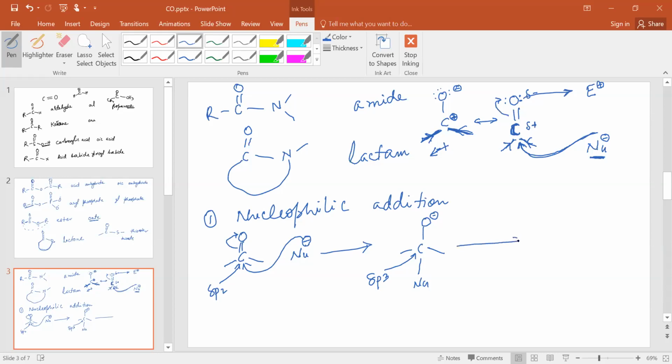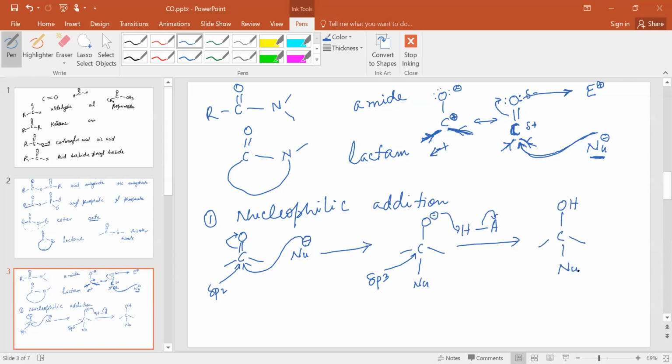Now next step, this oxygen negative charge will take a proton from acid. In many cases, just water works, it will take a proton and this will give this product with OH and the nucleophile attached.